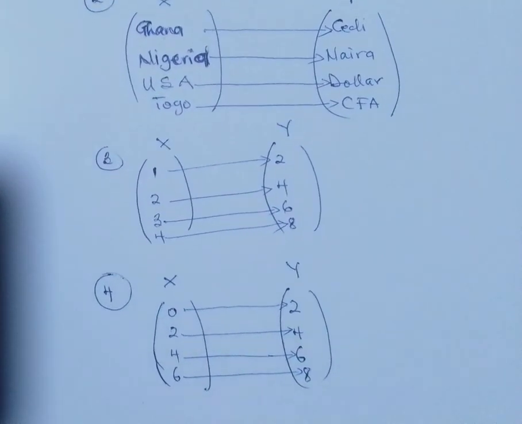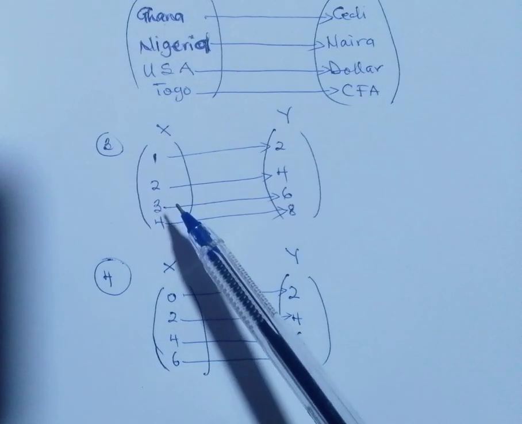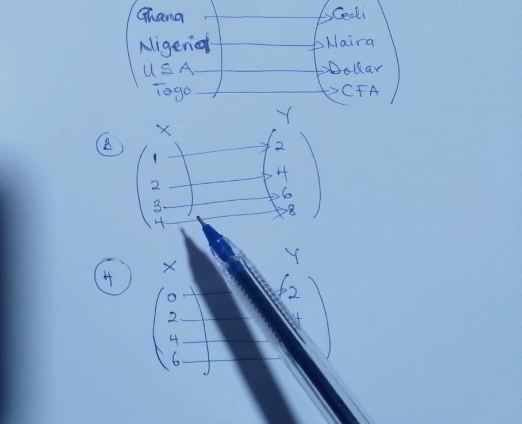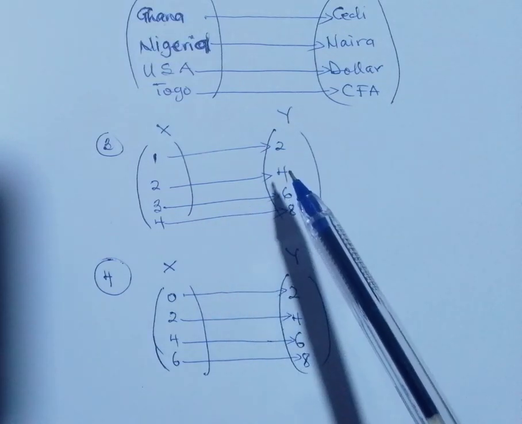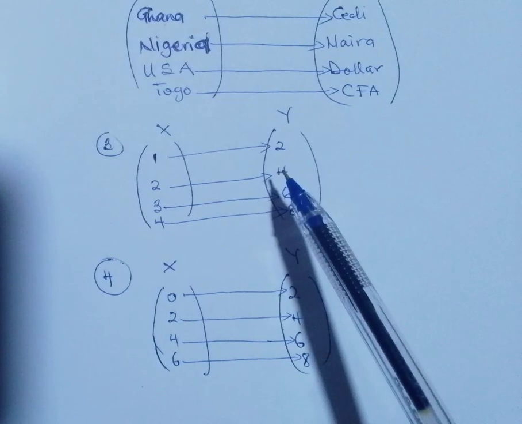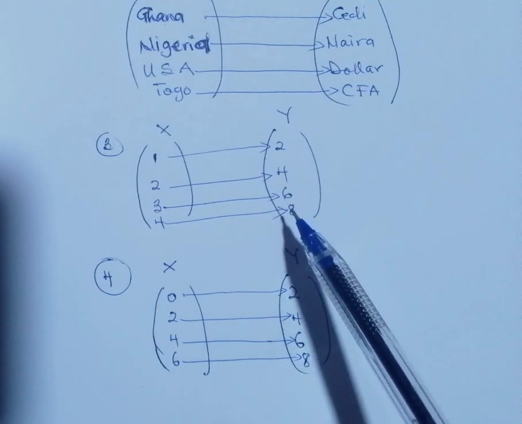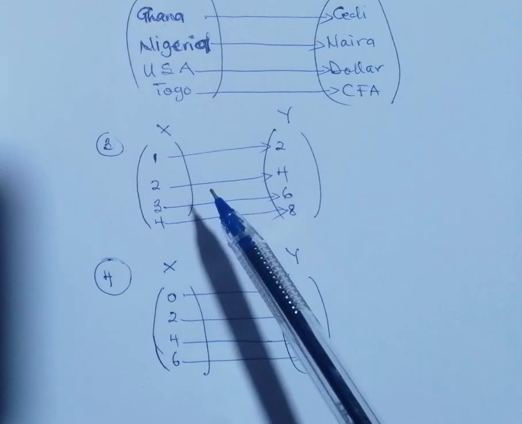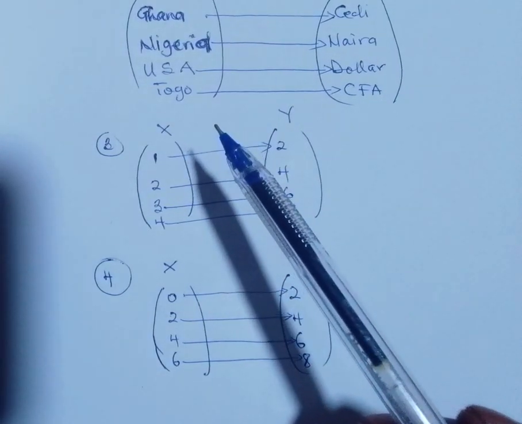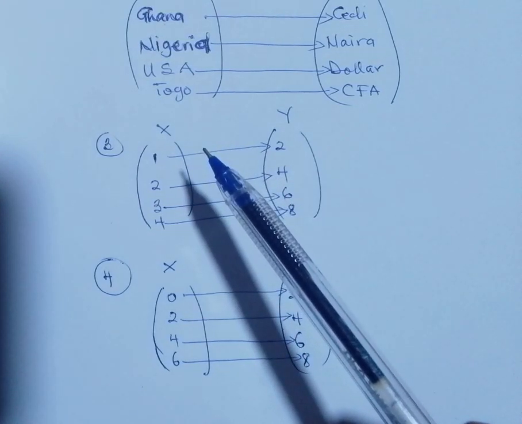Now let's look at examples 3 and 4. If you come to set X, you realize that we have 1, 2, 3, and 4. And each of the elements there corresponds to elements in Y, which are 2, 4, 6, and 8. Based on the first two examples, we are able to identify the rule or the relation between them.